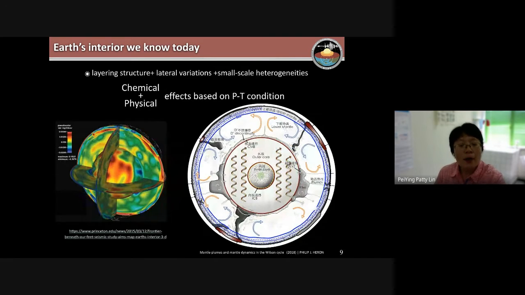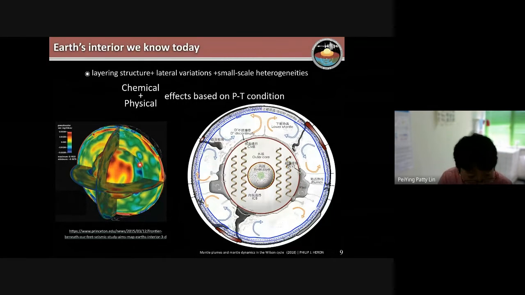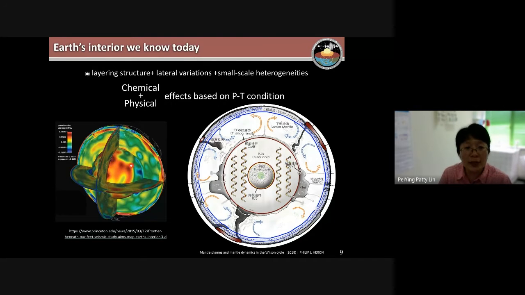Those structures we see here are actually chemical and physical effects based on the PT condition, so pressure and temperature condition. This is the observation, and this is our interpreted structure.